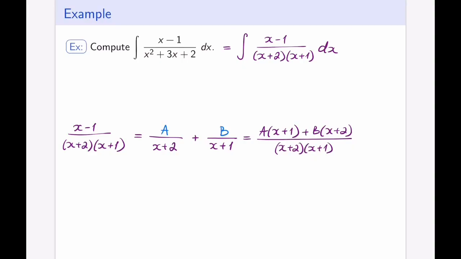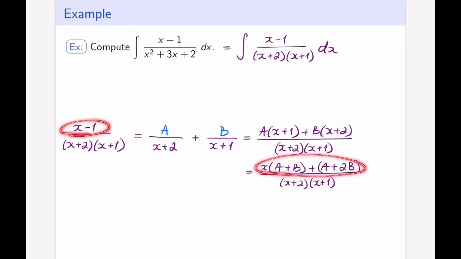And again, it's better to group these by powers of x. So in this case, I will have x times (a plus b) plus (a plus 2b), and then the same denominator I always had.